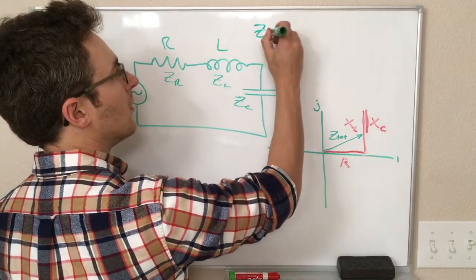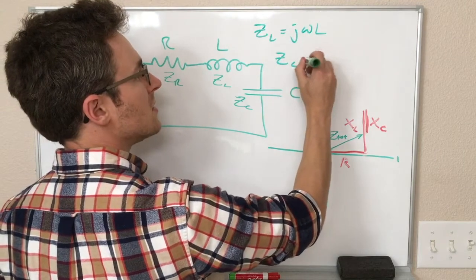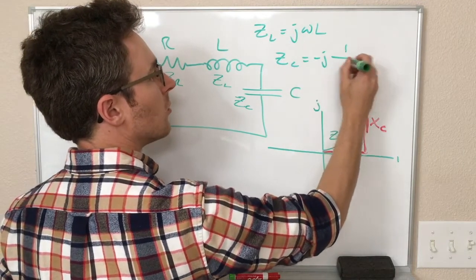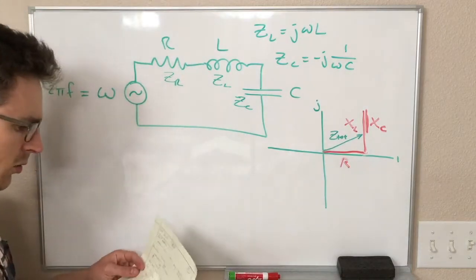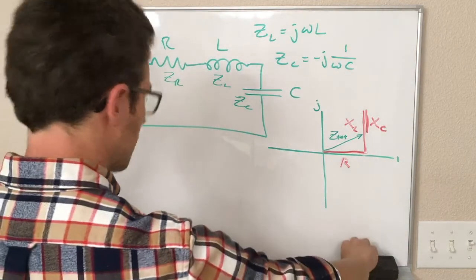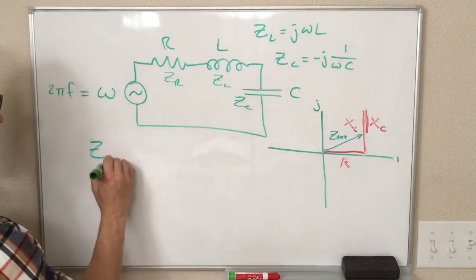So ZL was equal to J omega L, ZC was equal to minus J times 1 over omega C.